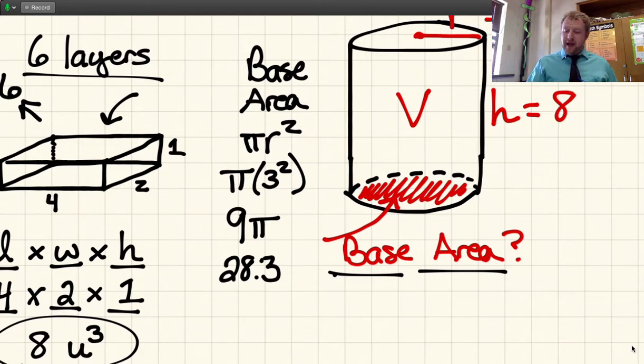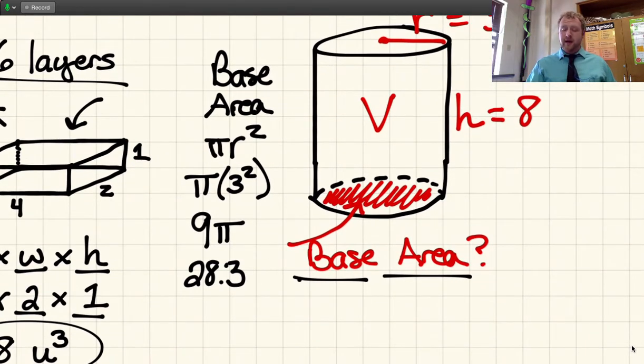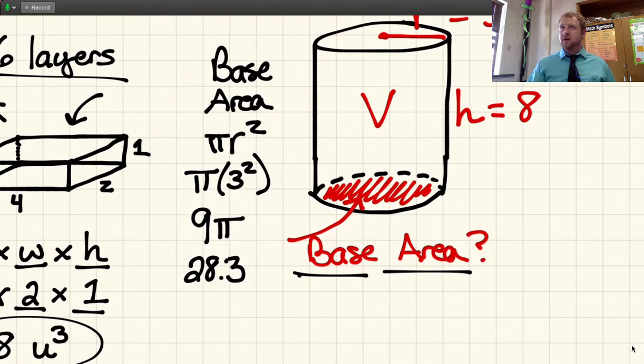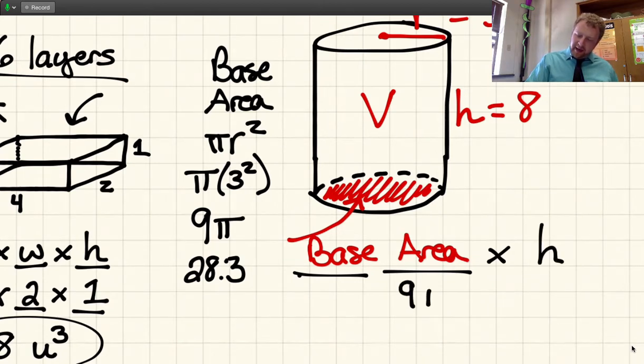Then I find the base area, like I did over here, the yellow part, and I multiply it by the height. What's the height of my cylinder here? Isabella? 8. So I take the base area and multiply it by the height. I take my 9 pi and multiply it by 8, or I can take 28.3 and multiply it by 8.